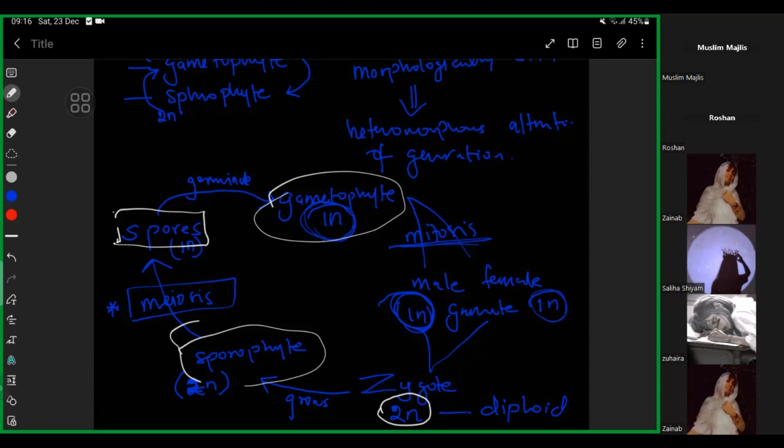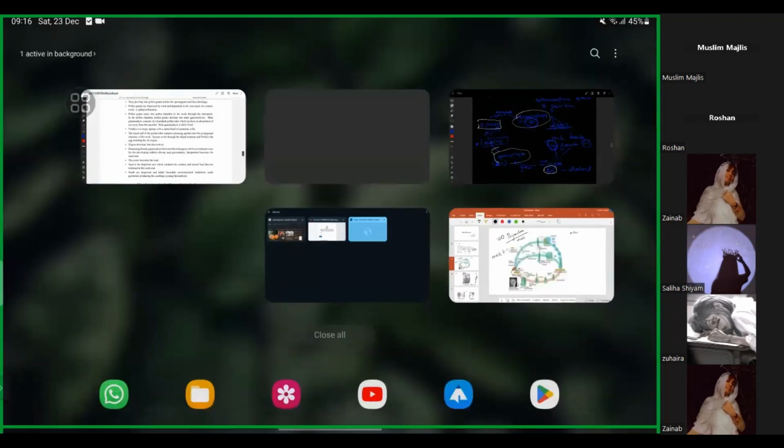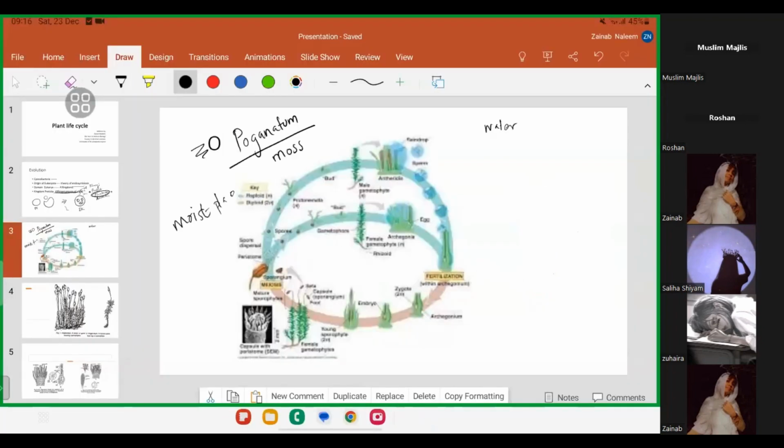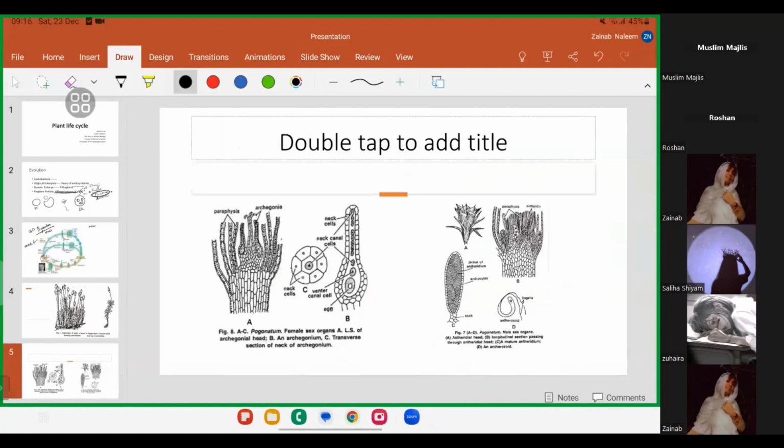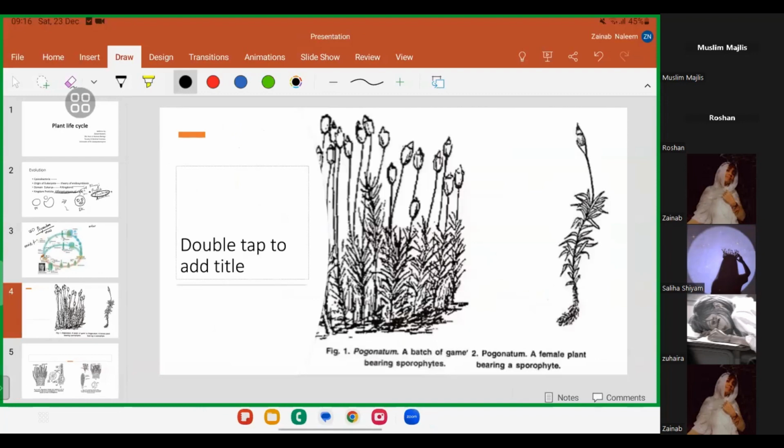Now we have some small changes in the evolutionary tree from the start to the end. We'll see those things in a moment. So this is the life cycle of a progenitor. This is not a clear picture. Okay, if you see a Pogonatum plant, you will see a structure like this.